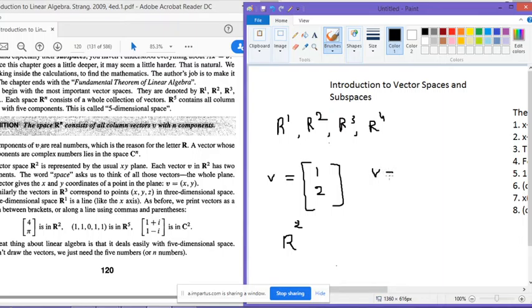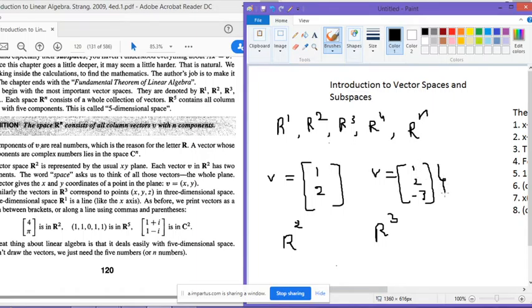If the vector is three-dimensional, it means it has three linear equations. Then it might be 1, 2, then minus 3, something like this. This can be represented as R cube. Generally each space can be represented as R power n, where n represents an n-dimensional space, which consists of n components.